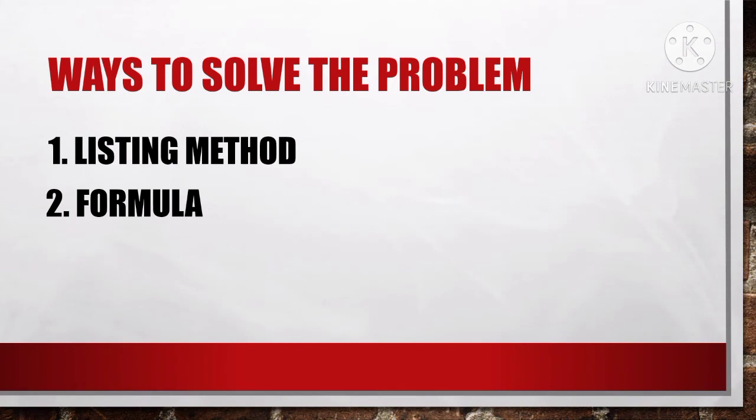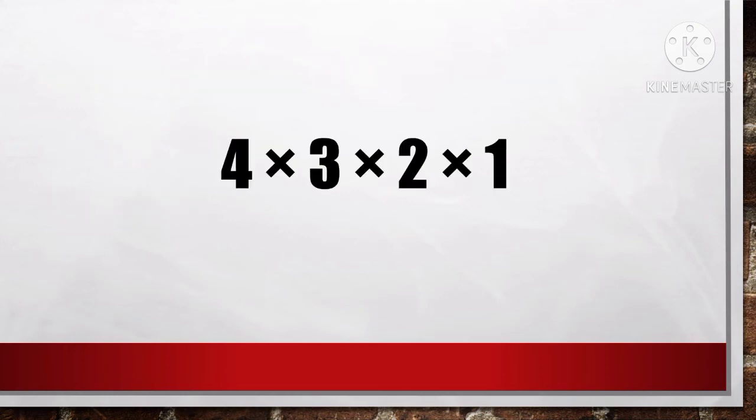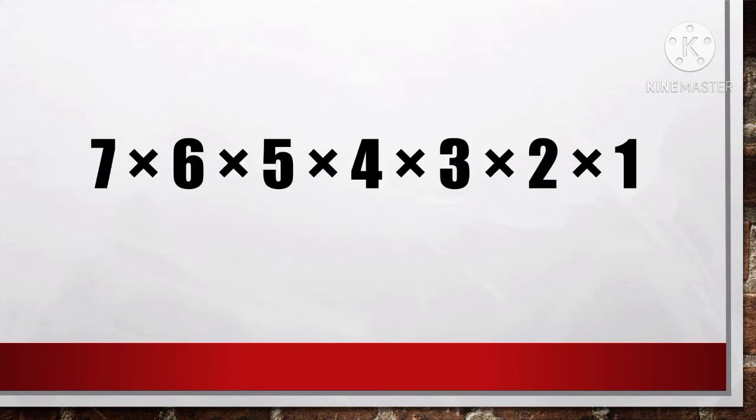But before that one, we will come across a lot of calculations involving the product of a series of positive integers such as 4 times 3 times 2 times 1, or 7 times 6 times 5 times 4 times 3 times 2 times 1.